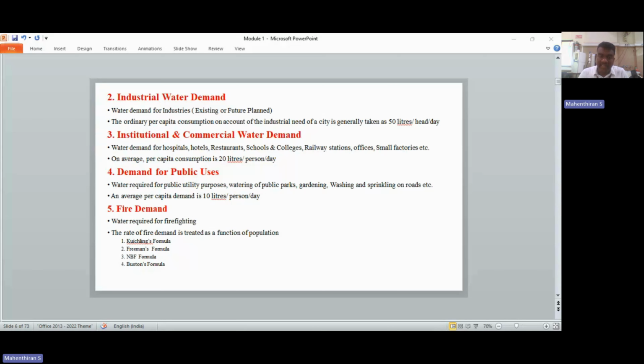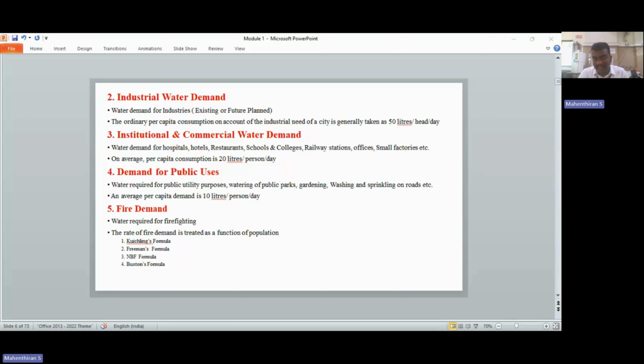So, depending on the type of industry, the water requirement can vary significantly. For example, a textile industry uses much more water compared to a small assembly unit. However, for planning purposes, instead of calculating each industry individually, we use a standard estimate.